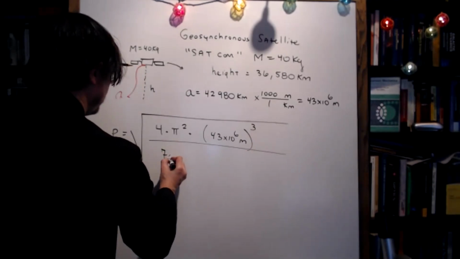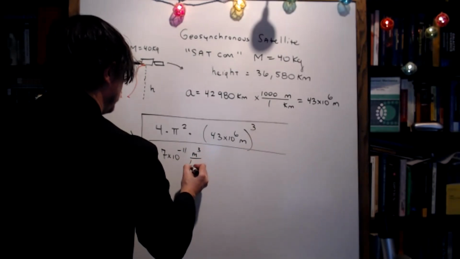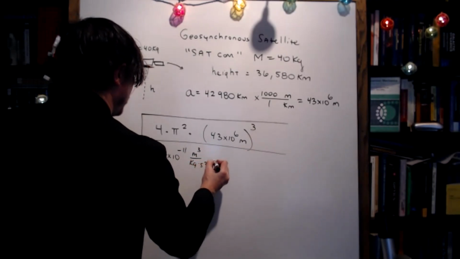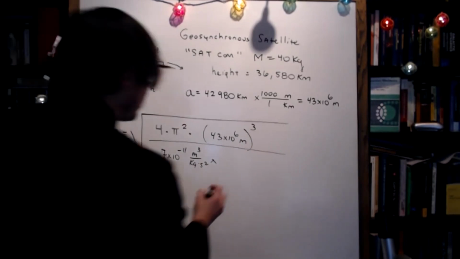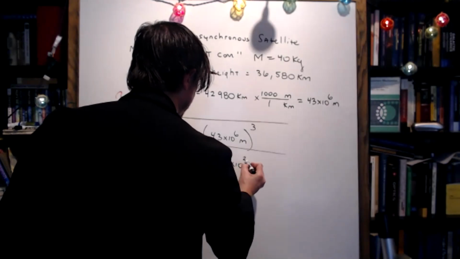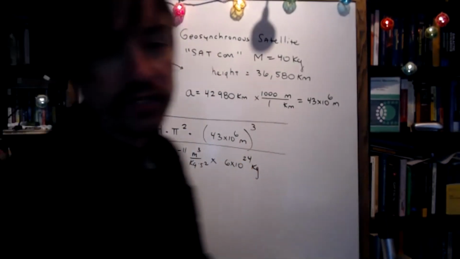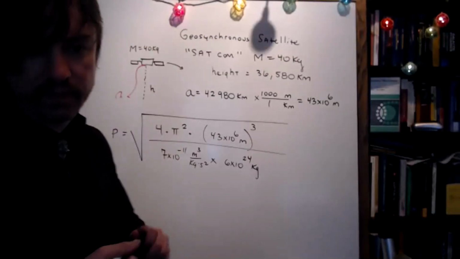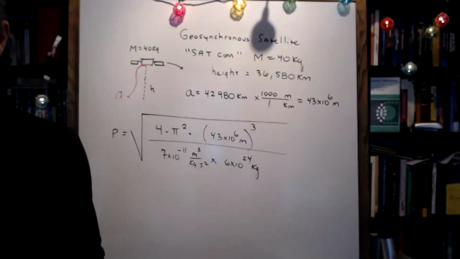Big G is always 7 times 10 to the minus 11 meters cubed per kilogram per second squared. Devin pointed out that we can neglect the mass of SATCOM, so we can just put in the mass of the Earth, 6 times 10 to the 24 kilograms. Okay, shall we punch it together? Or let me let you guys catch up while I sip a refreshing beverage.